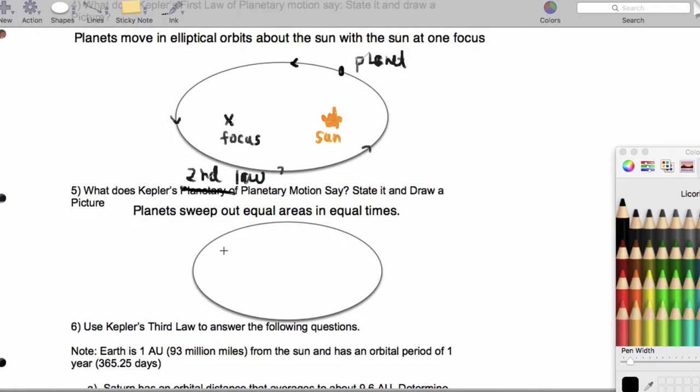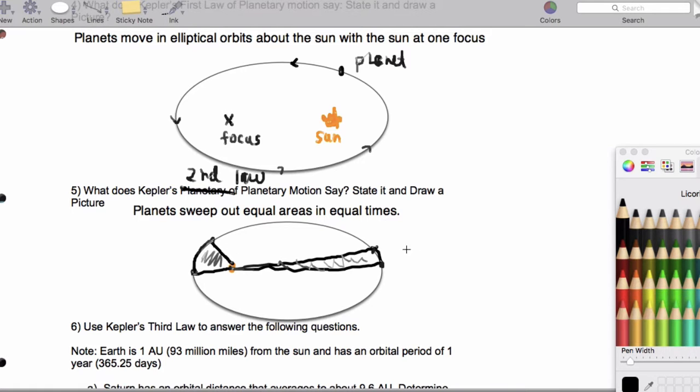So first, let's just put a little planet here and say that over the course of 1 month, when it's closer to the sun, it's going to sweep out this short, fat area. And when it's further out here, it's going to sweep out this long, narrow area.